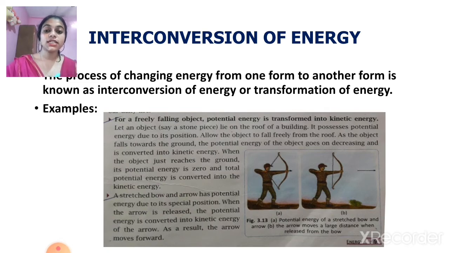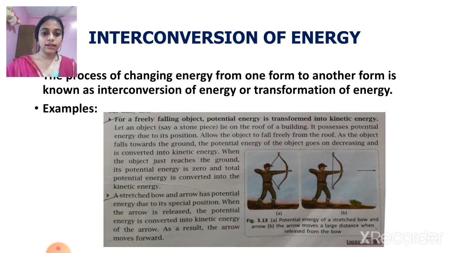When it is let to fall freely, the potential energy gets converted to kinetic energy. And when it reaches the ground, the potential energy will be zero and it is completely converted into kinetic energy. So in this situation, we can say that the potential energy is converted to the kinetic energy.